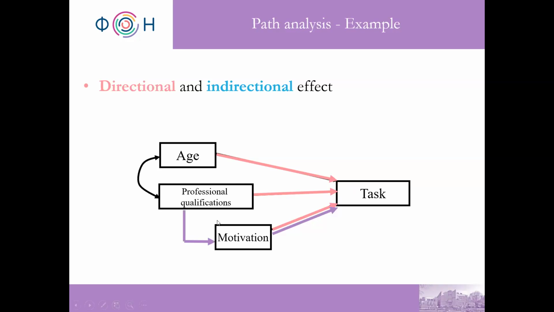But at the same time, SEM analysis allows us to explore the indirectional effect of professional qualifications through motivation on our task. So sometimes when we are creating a SEM model, we are, of course, observing the directional effects, but sometimes we can also delve a little bit deeper and observe the indirectional effect as well.